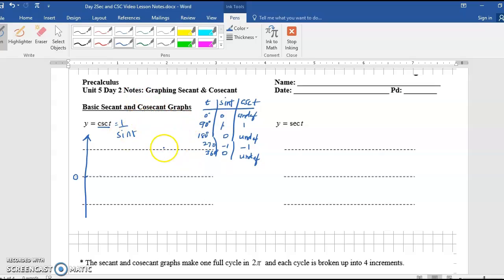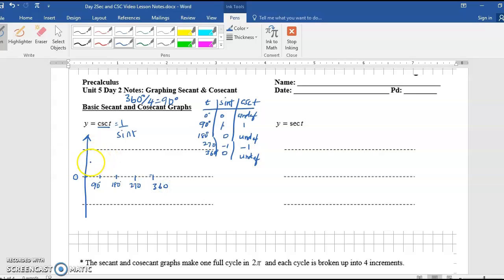So we would divide the 360, because 360 is the full cycle for cosecant also, similar to sine. So 360 divided by 4, so each increment will be 90 degrees. So we'll just draw 4 increments. This is 90, this is 180, 270, and 360.